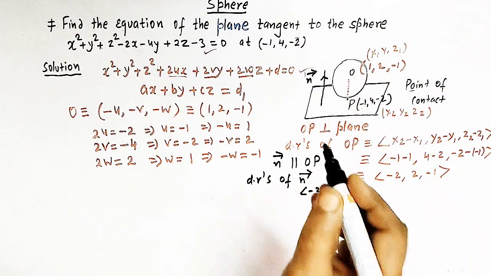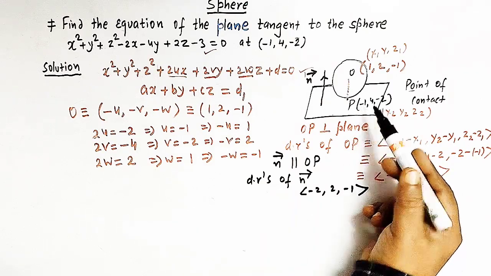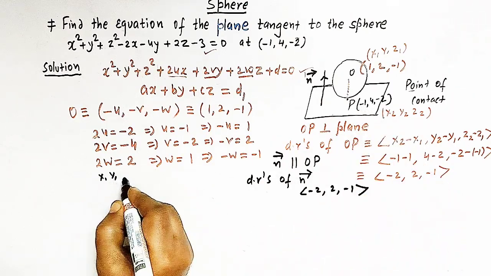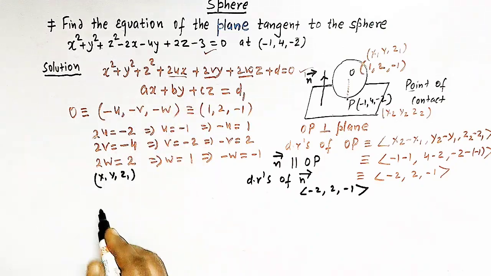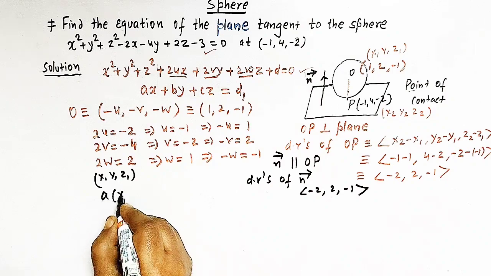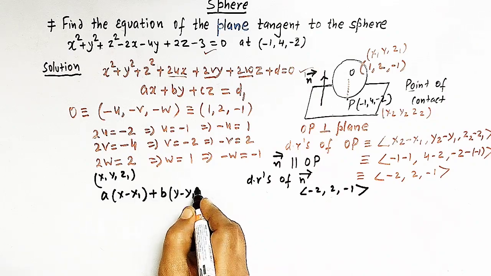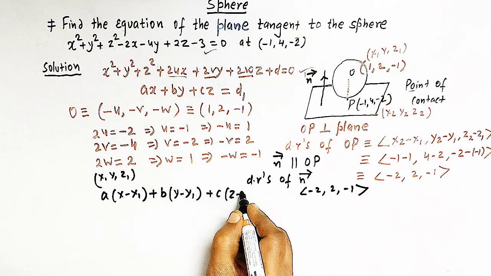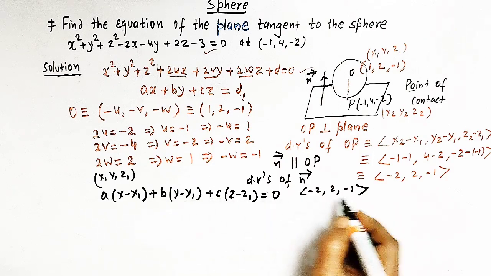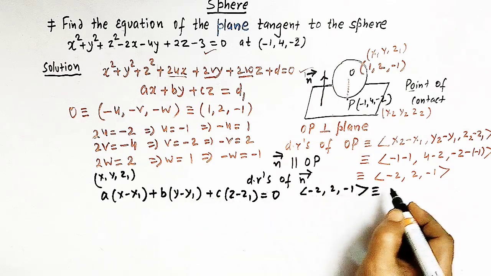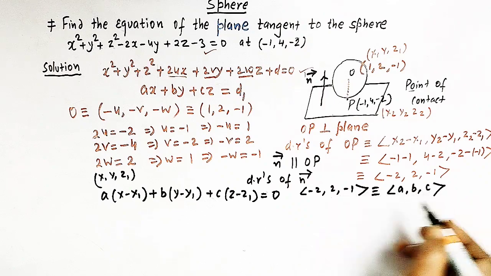Okay, so now the equation of any plane which passes through some point, say x1, y1, z1, and having direction ratios a, b and c, is given by a times x minus x1 plus b times y minus y1 plus c times z minus z1 is equal to 0, where a, b, c are given by minus 2, 2 and minus 1, right?